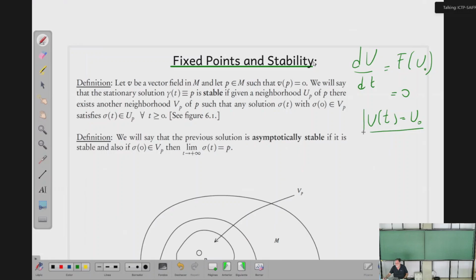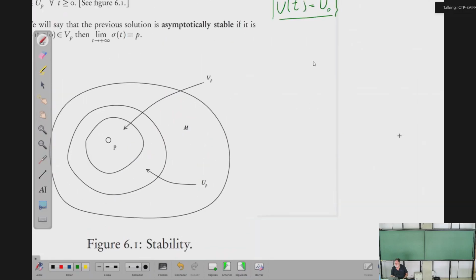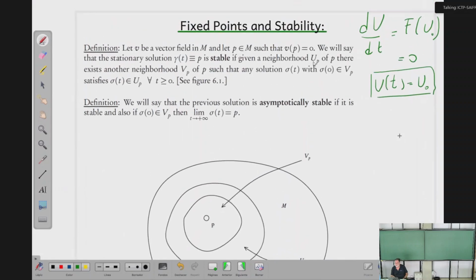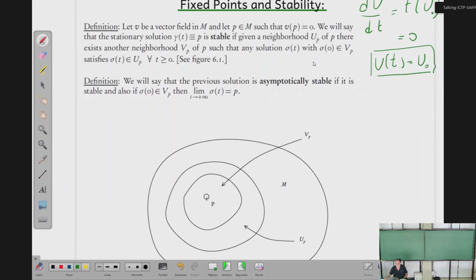When you have these solutions, you want to see how they behave in a neighborhood. We have two definitions which are important for knowing what happens near a point. You want to know whether the solutions near the constant solution p are stable or not.